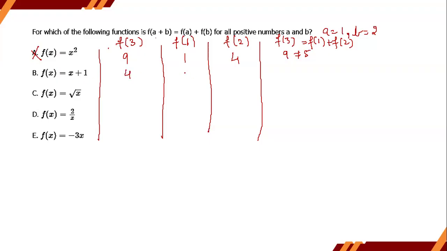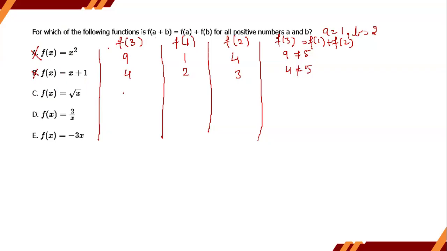And this is 1 plus 1, that's 2. And here 2 plus 1, 3, right? Again, 4 is not equal to 5. So eliminate option B.